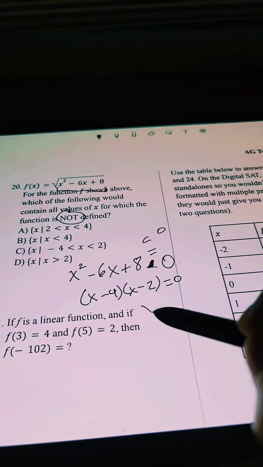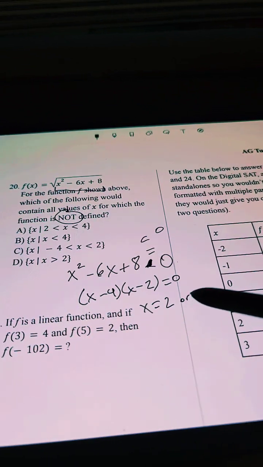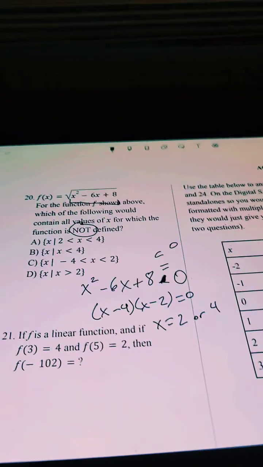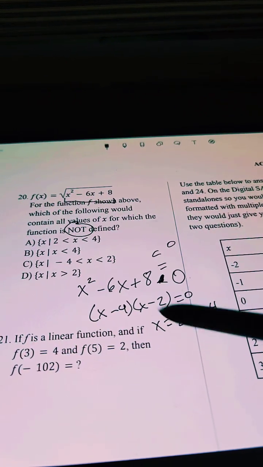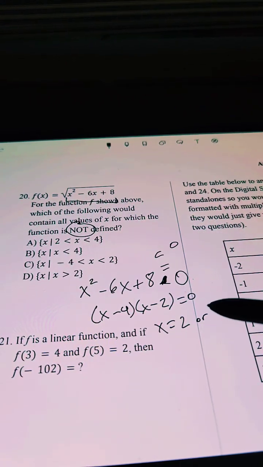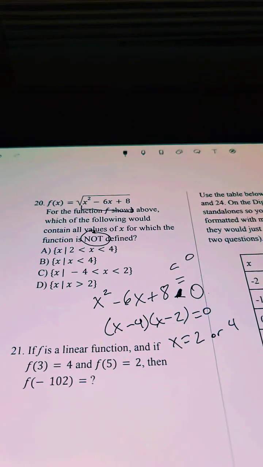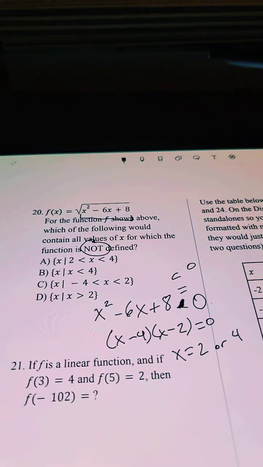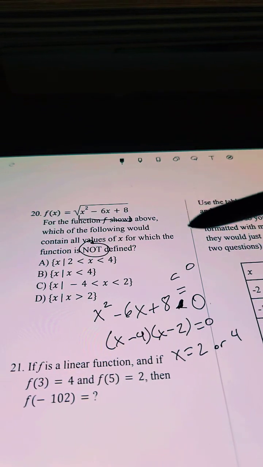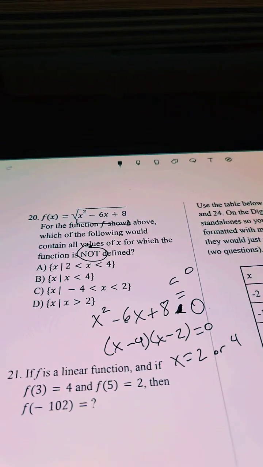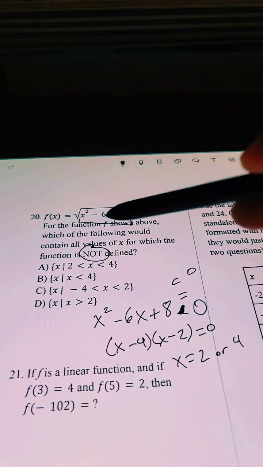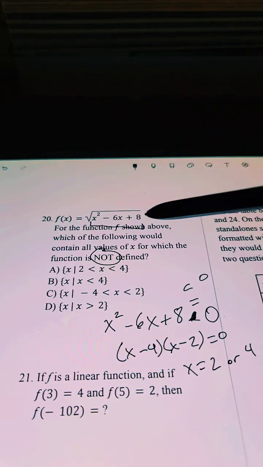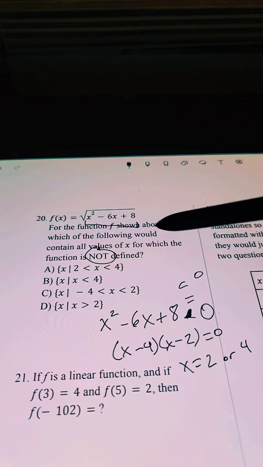Then x would have to be equal to 2 or 4 to get that value of 0 when you multiply these. You kind of do have to test it out anyway mentally afterwards. I try to think of the most efficient way to do this from multiple perspectives. Sorry, I'm talking to myself. So x could be 2 or 4 to get you to that 0. But then you're going to have to test values anyway.